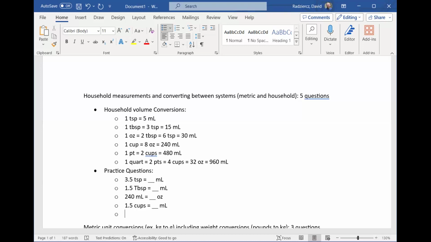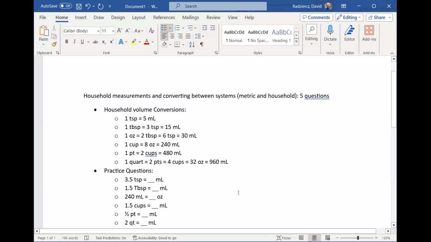If I have half a pint, how many milliliters is that? And if I have 2 quarts, how many milliliters is that? All right.